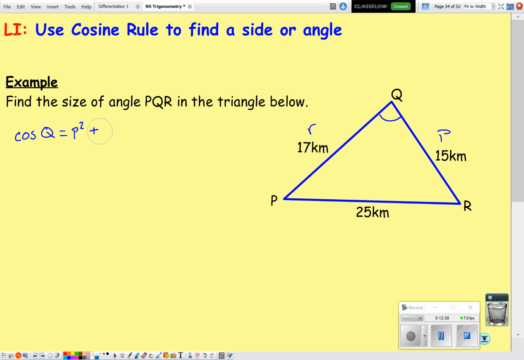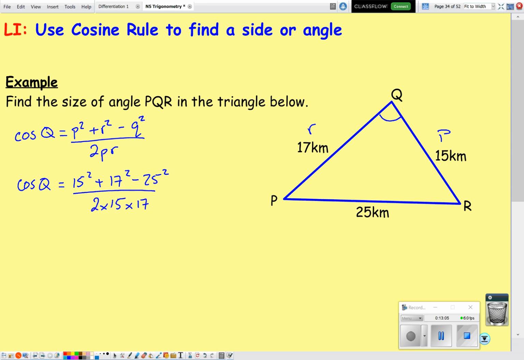So I'll go p squared add r squared, take away q squared over 2pr, and that's it written out for cos q. Let's find cos q now. 15 squared plus 17 squared, take away 25 squared over 2 times 15 times 17.